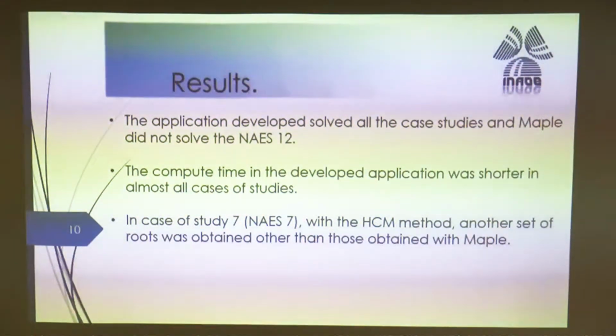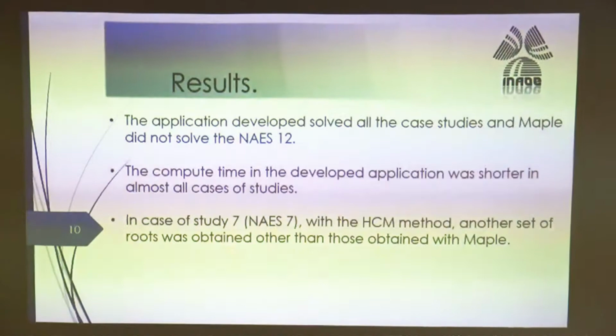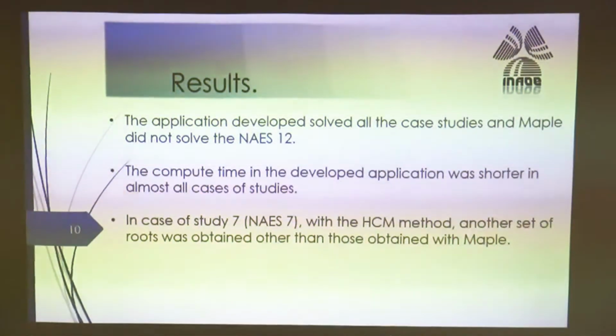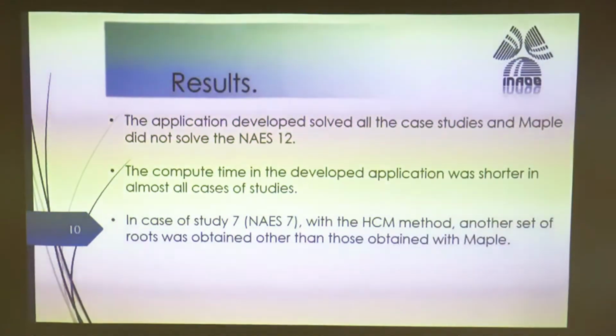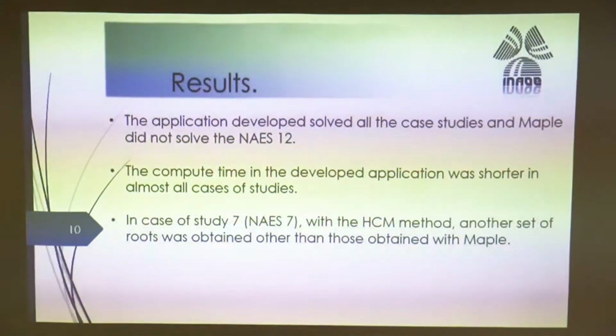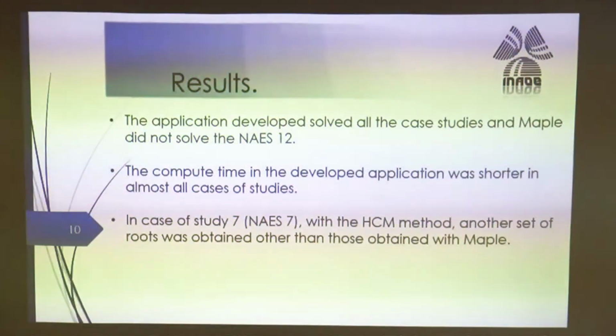In case 12, our application did find the solution and Maple did not. The computation times obtained were lower in our application. In addition, there was a lower RAM consumption.